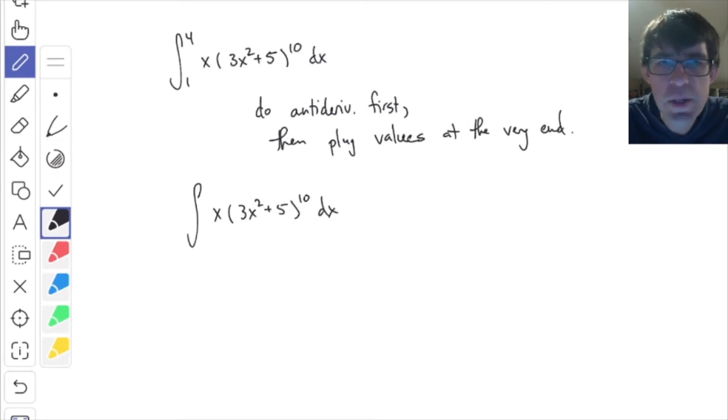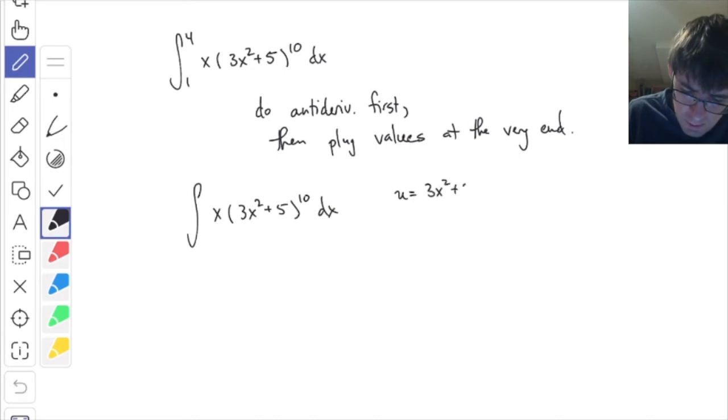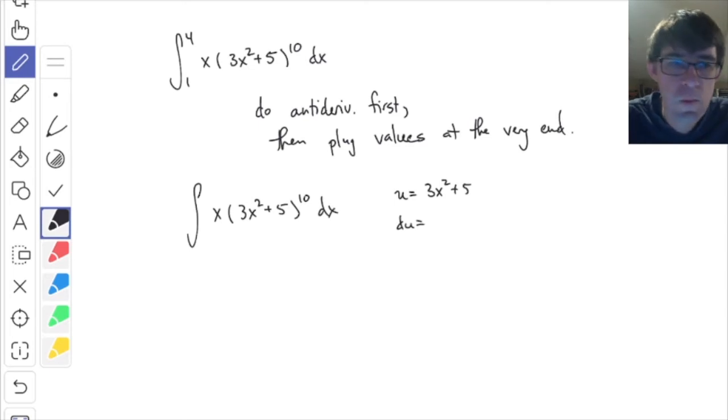This is actually pretty similar to the other examples, so I'm going to choose the u to be the inside of the parentheses. I hope you were expecting that. And then the du, what do you think? I can see all your names on the Zoom here. I hope you don't mind if I get aggressive with the name calling. How about Julian?